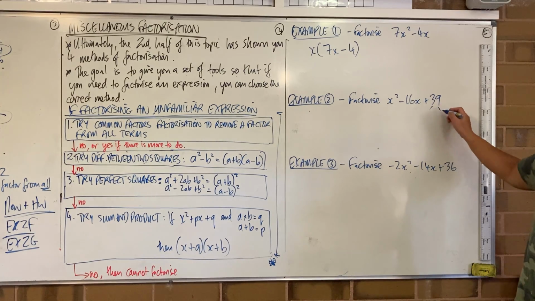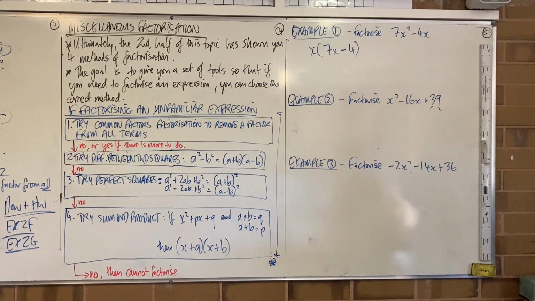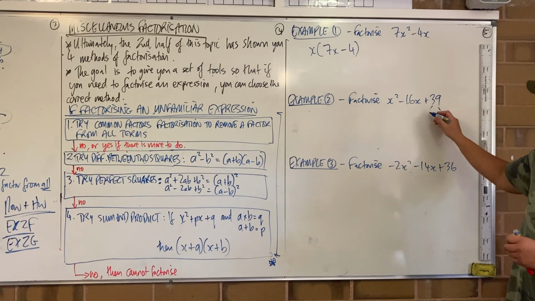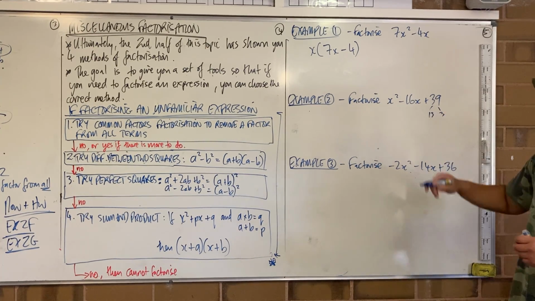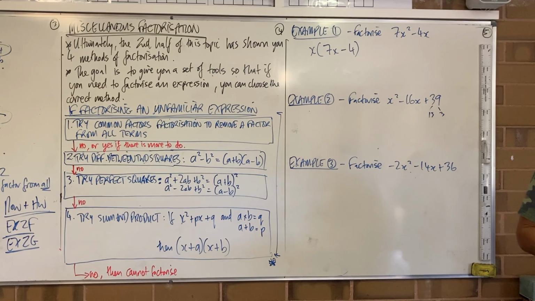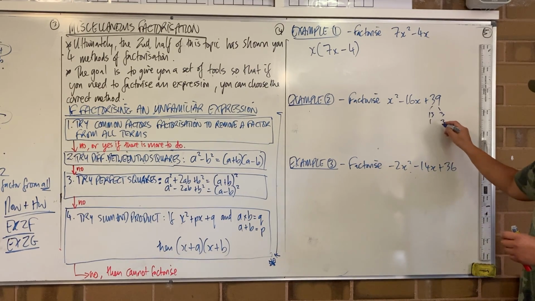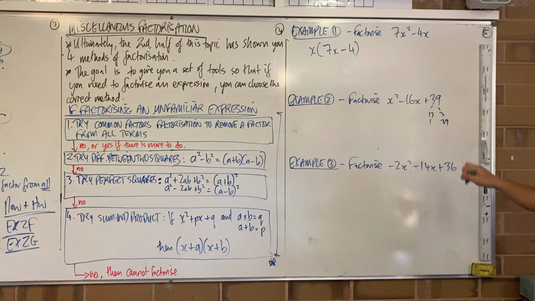So what numbers can I times together to get 39? 13 and 3, and 39 and 1. Is there any combo here that's going to get me negative 16? Negative 13 take 3. Excellent.